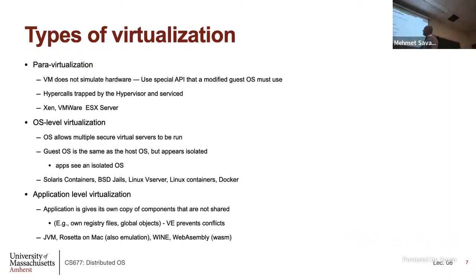And the last layer, or the topmost layer, is application level virtualization. Here you use some application level libraries to implement another interface. And there are many examples of this. The most common one that you should be already familiar with is the Java virtual machine. Java programs run inside an abstract virtual machine.